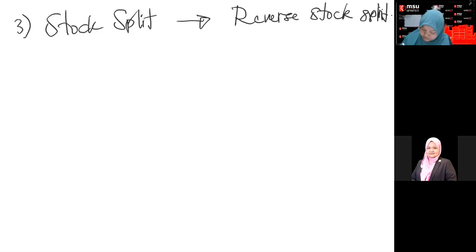Okay, let us look at the example. Encik Nazri owns 100 shares of Sandabi. Sandabi recently announced a stock split of 2 for 1. The share price is 2 ringgit.